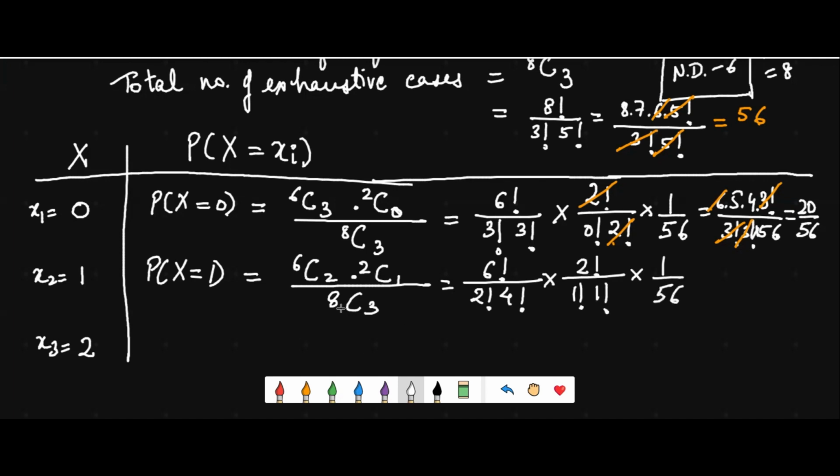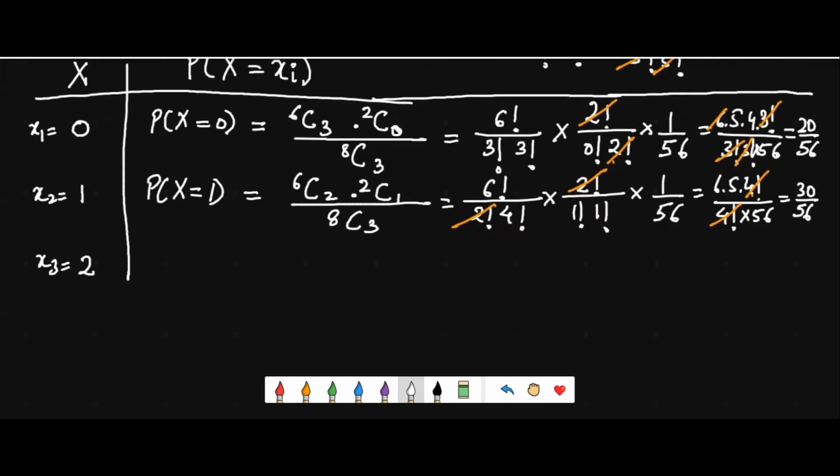The denominator 8C3 we have already calculated here. So now I can just cancel these. 2 factorial, 1 factorial is 1 factorial as we know. So this would be 6 into 5 into 4 factorial into 56. So we'll just cancel this. So here the final answer would be 30 upon 56.